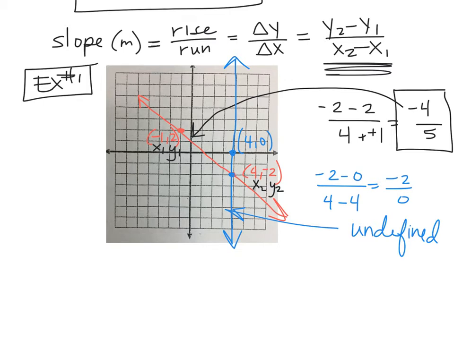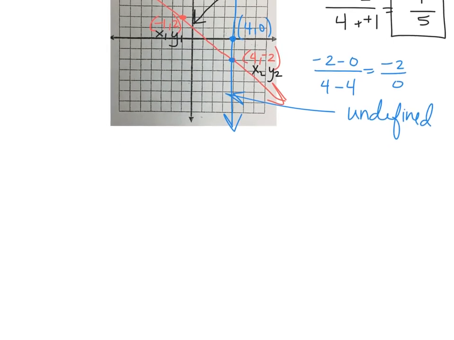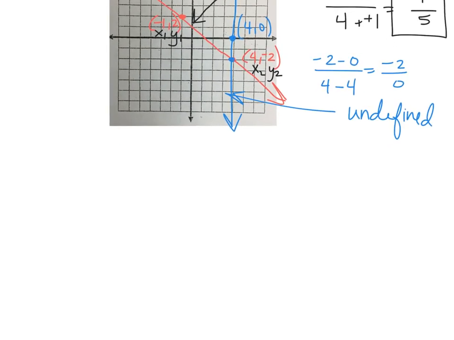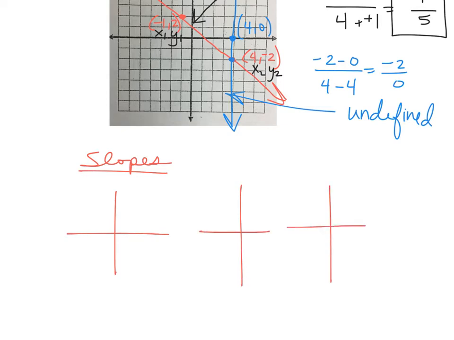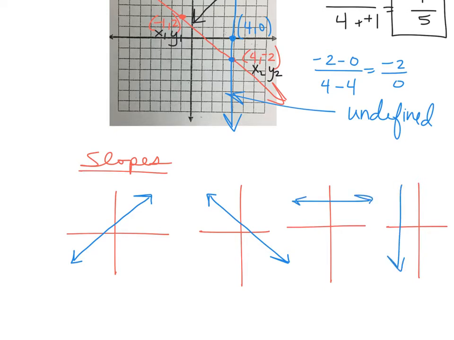Is that coming back to you? Yeah. Okay. We're just going to talk about the basics of slopes real quick. So I'm going to give you 4 different pictures, and you tell me what you would know about their slope. Let's say we have this blue line versus this blue line versus this blue line versus this blue line.